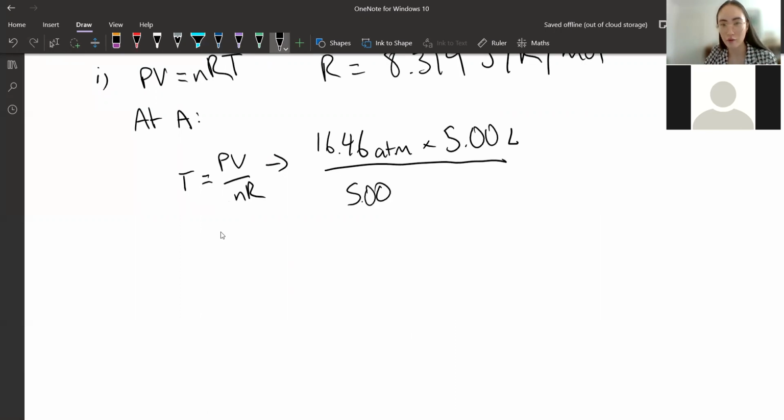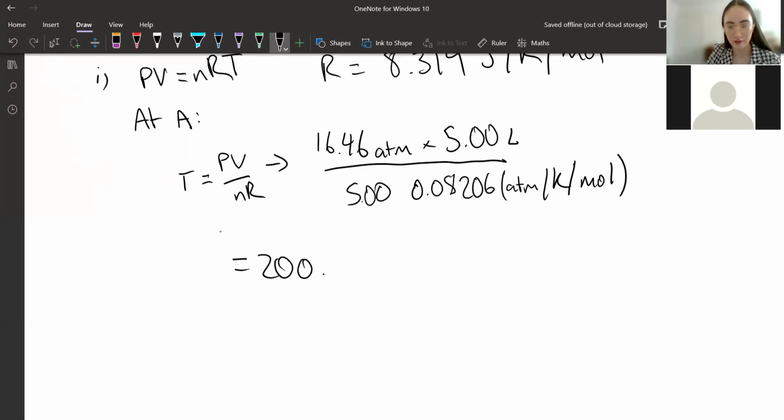And there is a form of this R value in terms of liters, atmospheres per Kelvin per mole, and that is 0.08206. And that is 200.6 Kelvin.